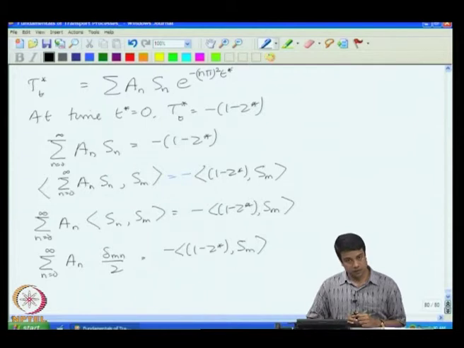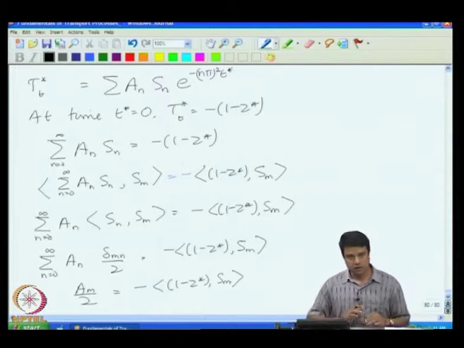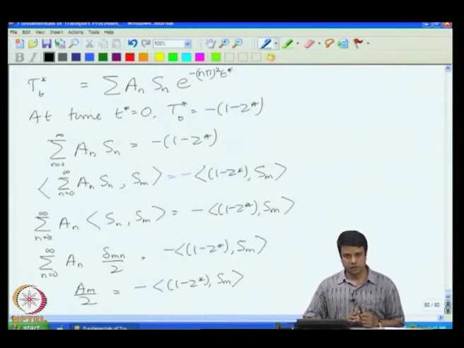Delta Mn is non-zero only when n is equal to m. Therefore, this will give me Am by 2 minus that, and that was how I determined the constants, all of that infinite set of constants in the equation.